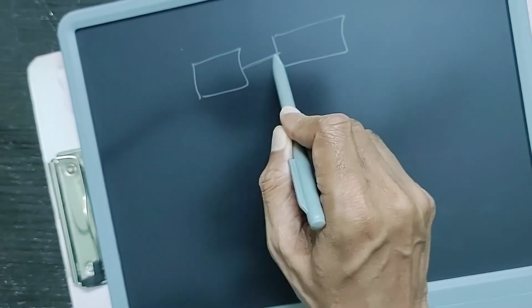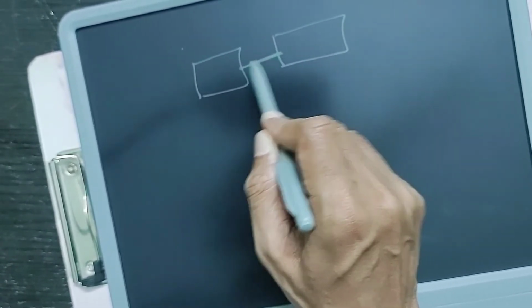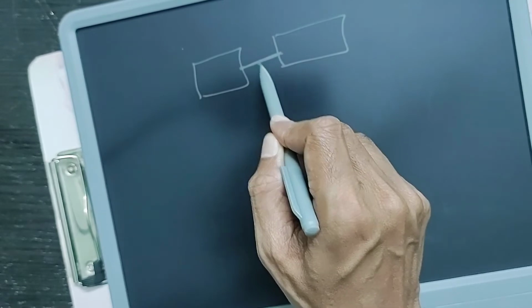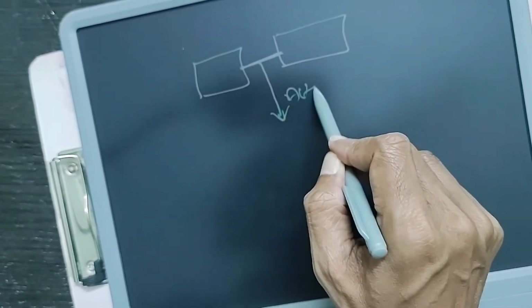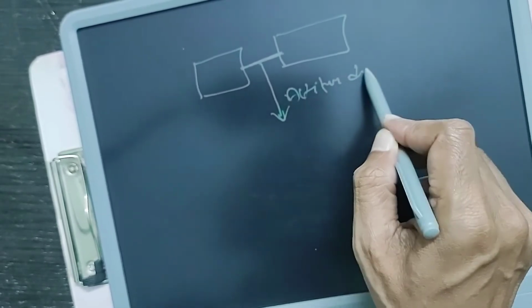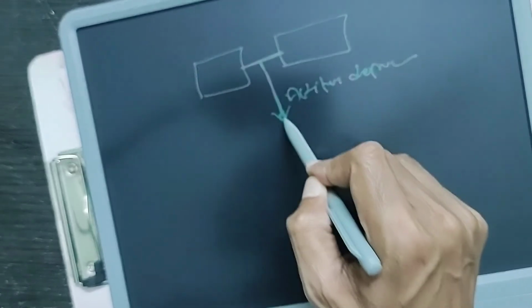When you are connecting two activities, logically grouping them, you establish a line, right? This line represents activity dependencies.